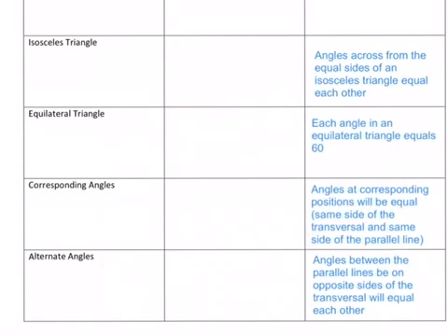We also have the fact that we could have isosceles triangles, and an isosceles triangle just means that 2 sides are equal in length. And what that means is that the angles across from the equal sides will also equal each other. So if I look at what I have here, I have my equal side right here. It's equal to this side.